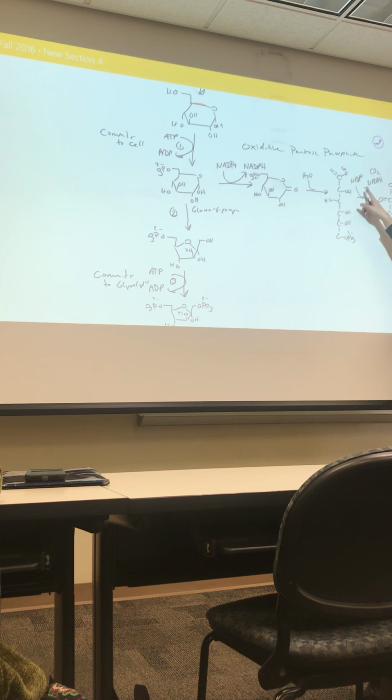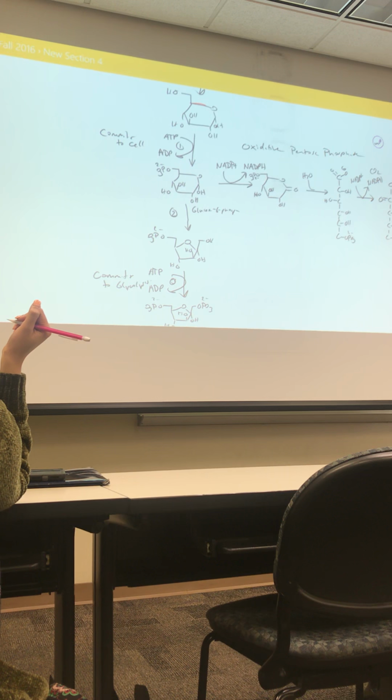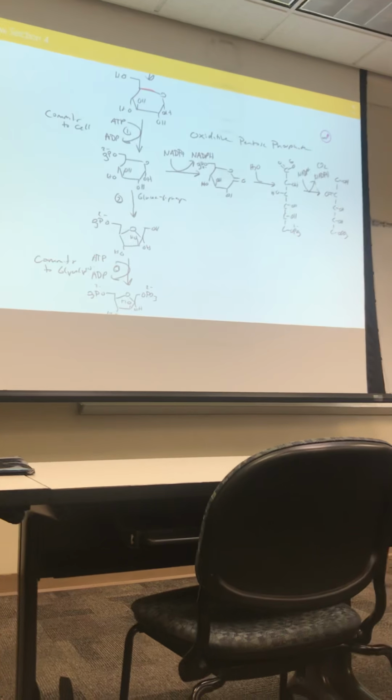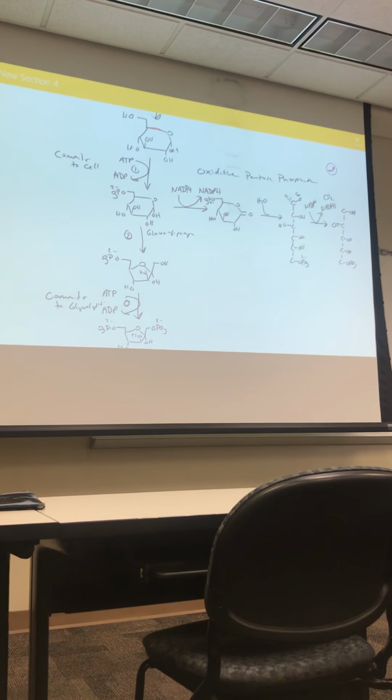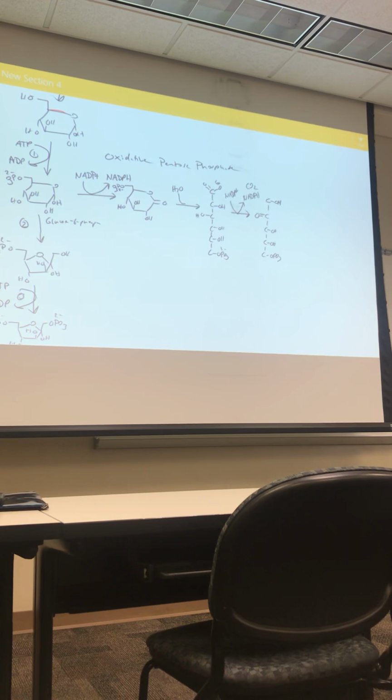And we're using CO2 groups as good leaving groups to snatch our final electrons. Same thing that happens via steps 3 and 4 of the citric acid cycle. Okay, so that's our oxidative pathway.